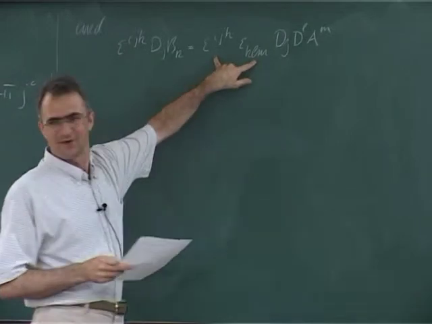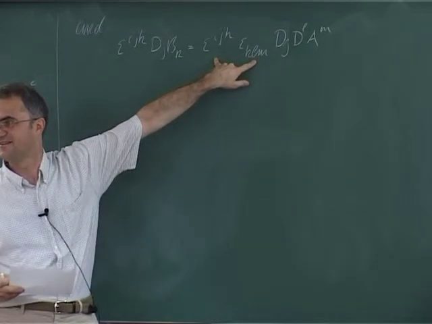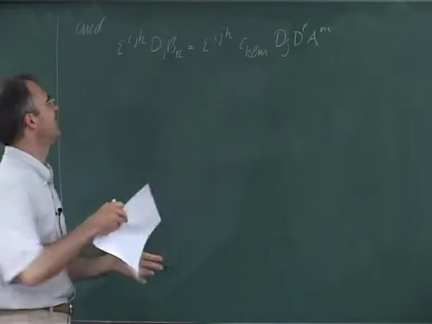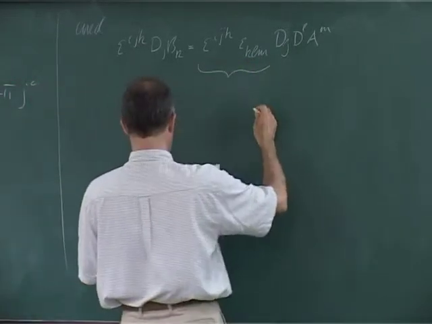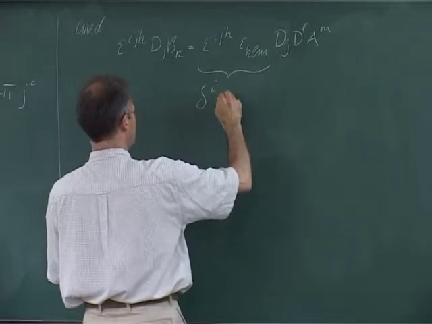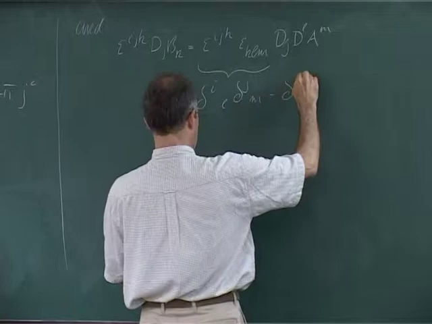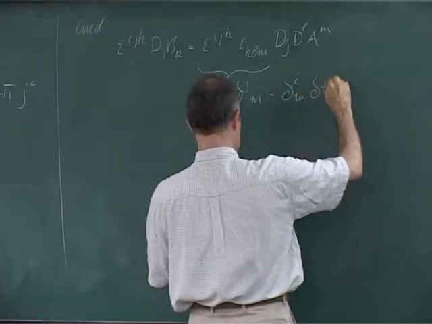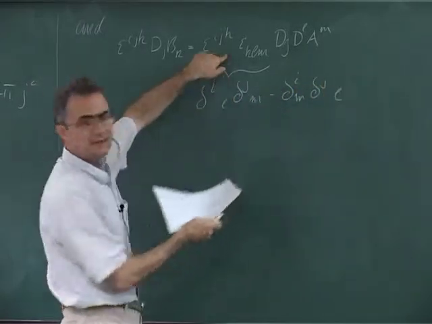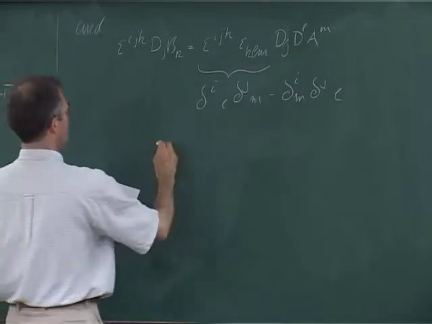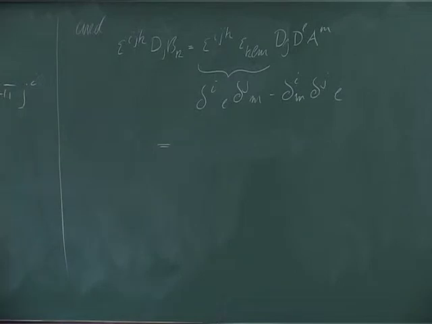So how do we deal with this thing? Do you know what that is? Exactly, that's how this pops out. This is delta_il delta_jm minus delta_im delta_jl. If we insert that, we get two terms, and these two terms have the indices flipped.